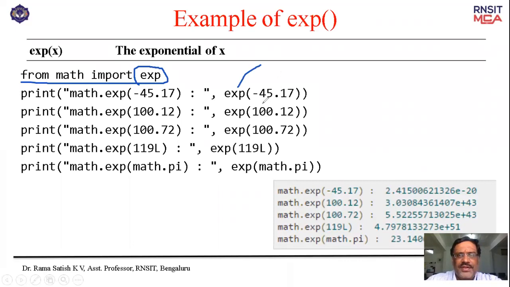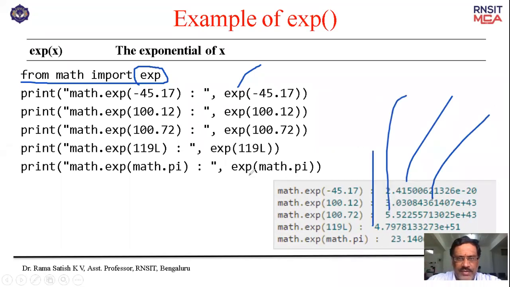Exp of minus 45.17, I get the exponential value. Similarly, exponential value of 100.12, I got it. Same way 119, I got it. Same way math.pi, observe here. I'm referring to the pi value, and I get its exponential value.